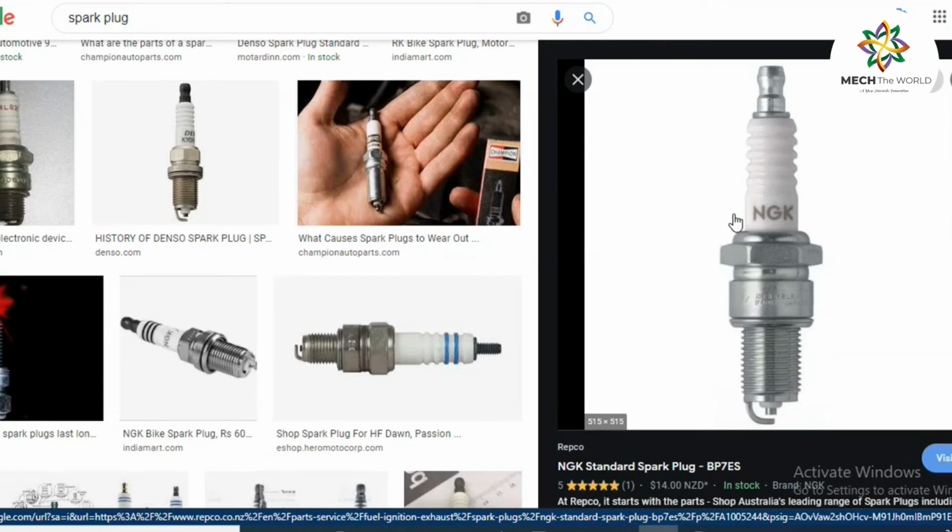Next point is that rather than using ceramics, if we use metals, then the metal will transmit these shocks or electricity to the car body or to the two-wheeler body, which will result as a shock to the rider or to the driver.